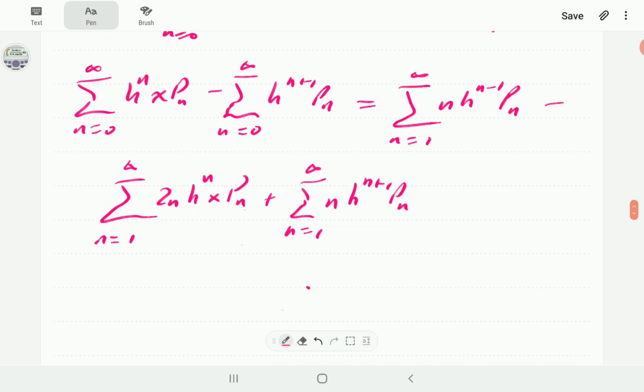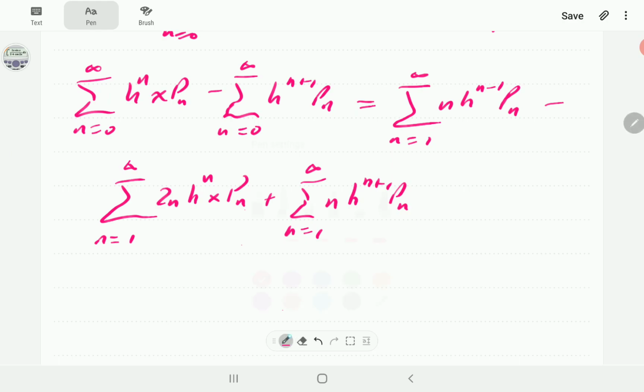All right, now as is standard with these calculations, at this point the first thing we're going to do is equate the powers of h, and then after that we equate the lower summation limits.